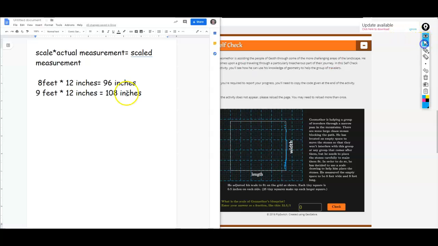So there's 24 boxes. And if I multiply that by 0.5 inches, because that's how long each side is, so 24 boxes times 0.5 inches, that's going to give me 12 inches. So in this drawing, the width right here is 12 inches.